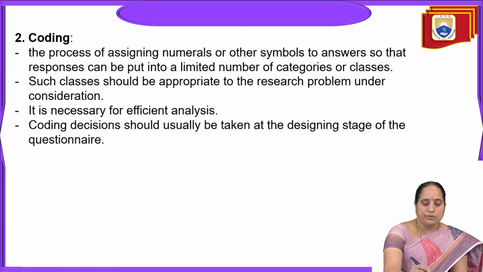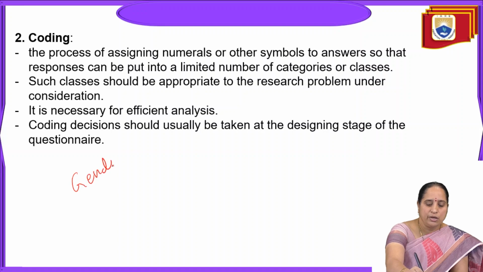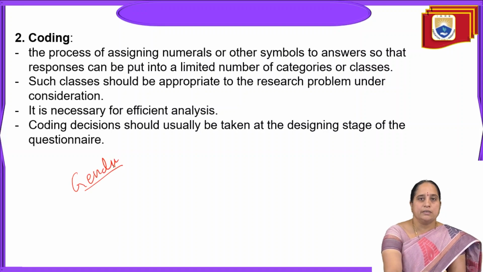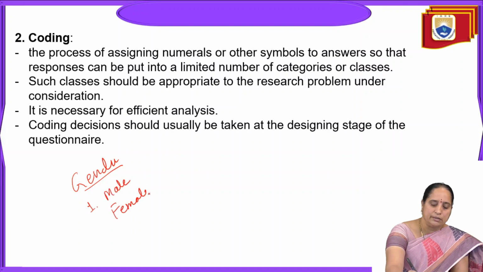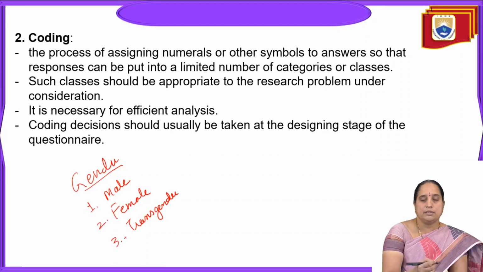So for example, let us take that in a questionnaire you are talking about gender. You have to include gender as one of the items in your survey. So how can we specify? In general, we talk about male, female and transgender, right? So we categorize this: one meant for male, two meant for female and three for transgender.